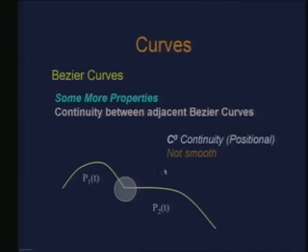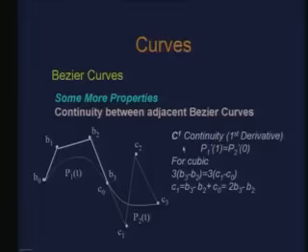Okay. So, now let us say if I want to make this curve look smooth, I need a higher order of continuity. That means, here we had considered only the positional continuity, then we have to perhaps look at the derivatives, the continuity in derivatives. So, that is what gives us the C1 continuity, where I look at the continuity in terms of the first derivative of the curve.